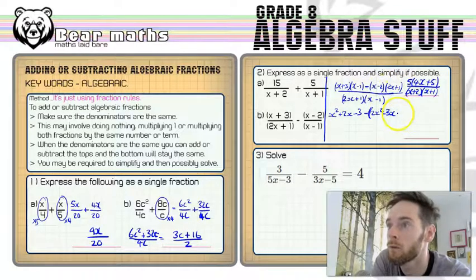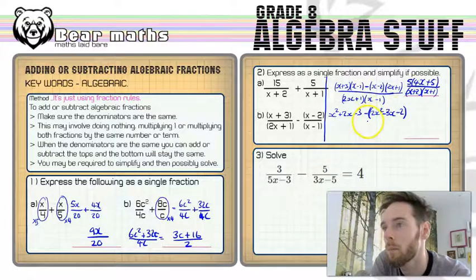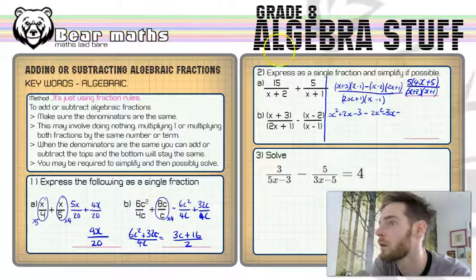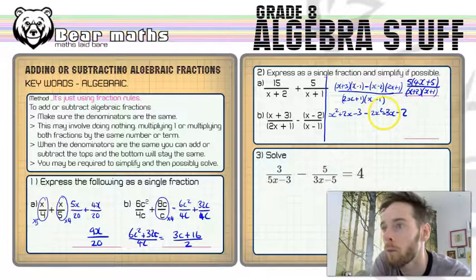And then minus 2 times minus 1 is minus 2. But like I said, everything in that bracket is going to change sign because of that negative in front of it. And that's the bit you need to be really careful of. So that will become minus 2x squared, that will become positive 3x, and that will become positive 2.